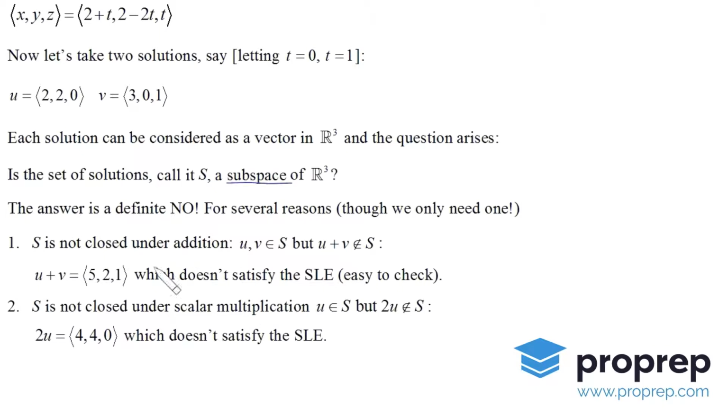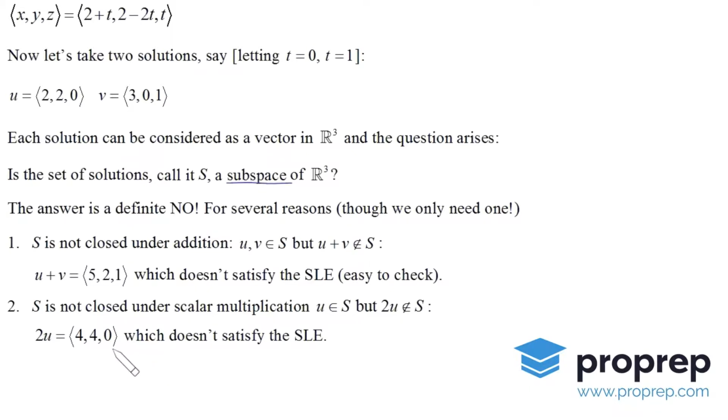So already S is not a subspace, but just for the practice, we'll continue with the other two axioms also. It's not closed under scalar multiplication, meaning we have, say, that u is a solution, but if I multiply it by a scalar, say 2, then that's not in S. It's not a solution because 2u, twice this, is 4, 4, 0, and plug it in, you'll see it does not satisfy the system of equations.